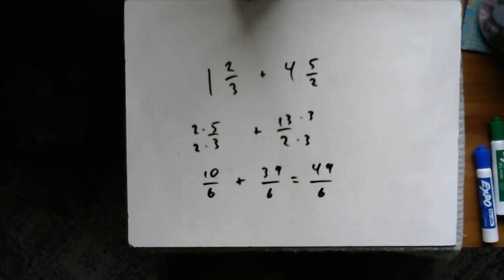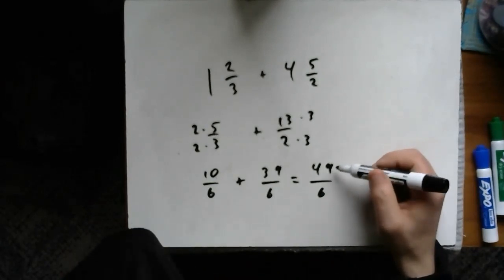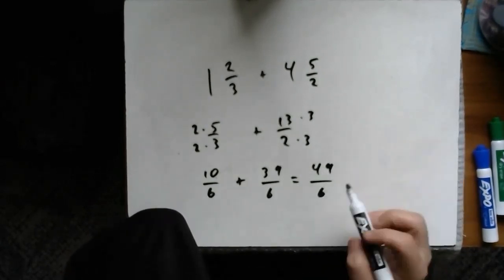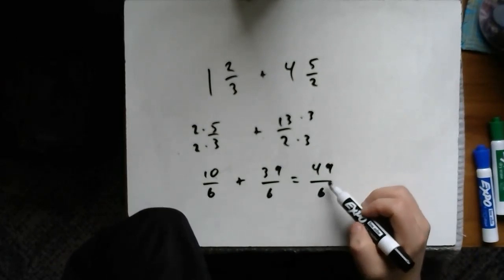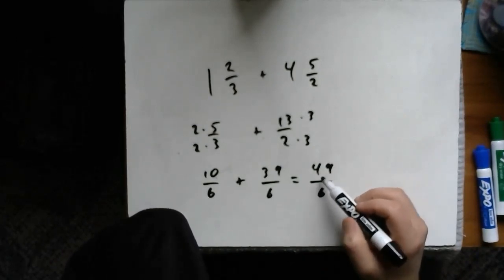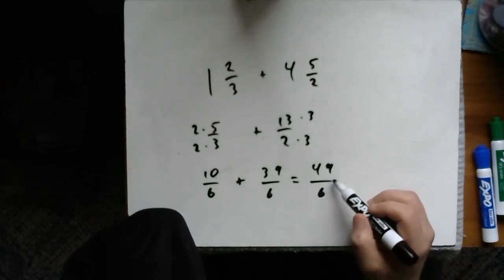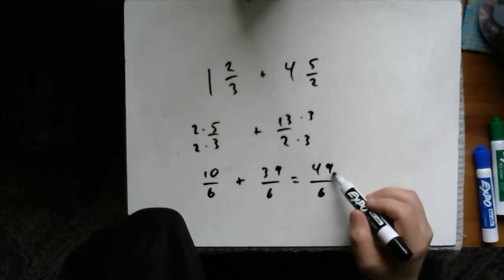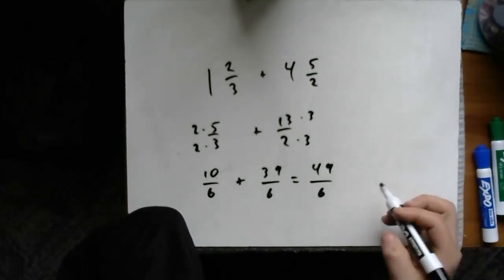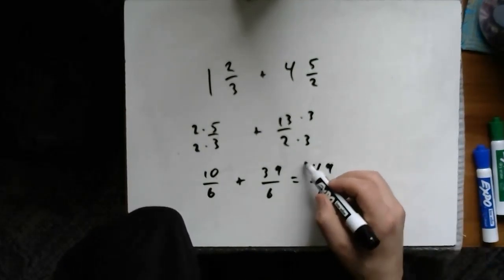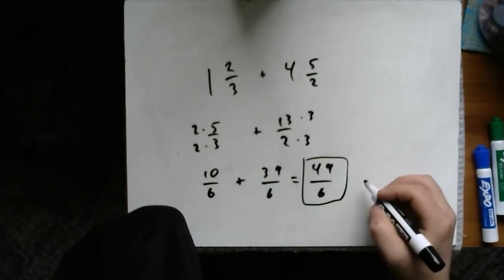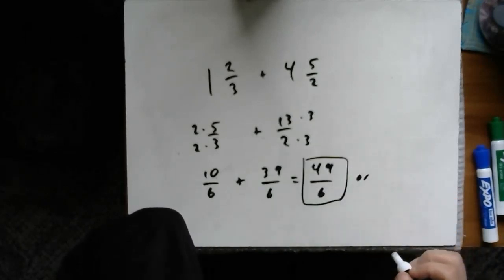And at this point, we can say, hey, we can try dividing to simplify here, but 49 isn't even, so 2 isn't in there, and 3, because I'm looking at the factors of 6, 3 also isn't a factor there. So this is actually in simplest terms, or we can write that as a mixed number too.